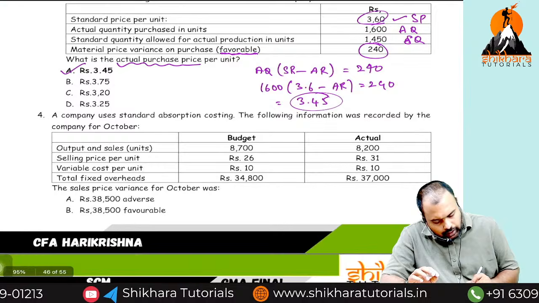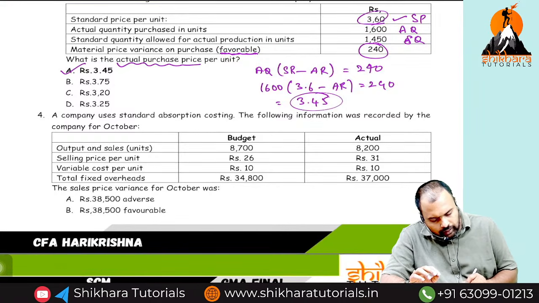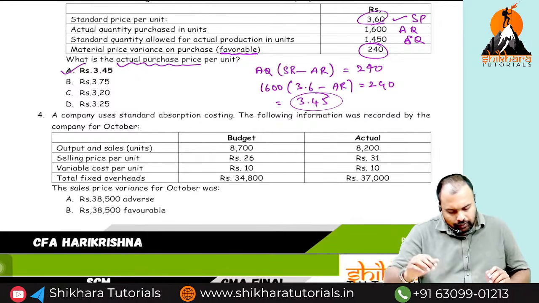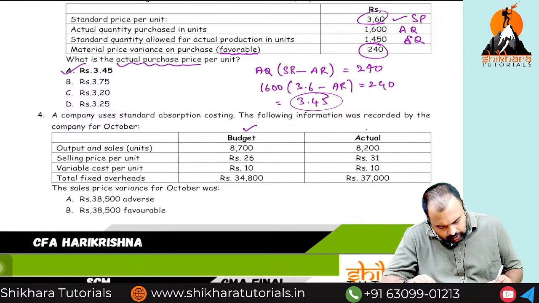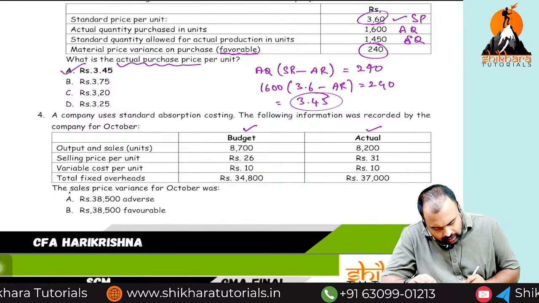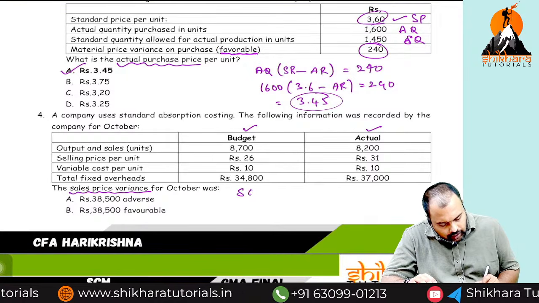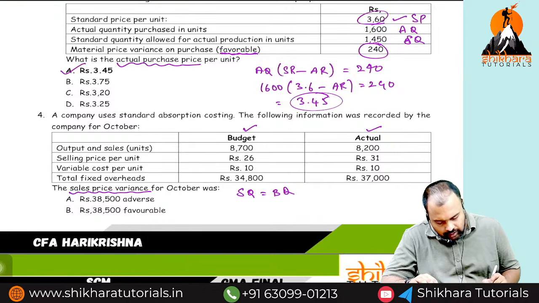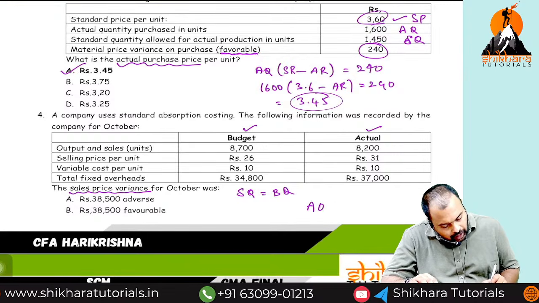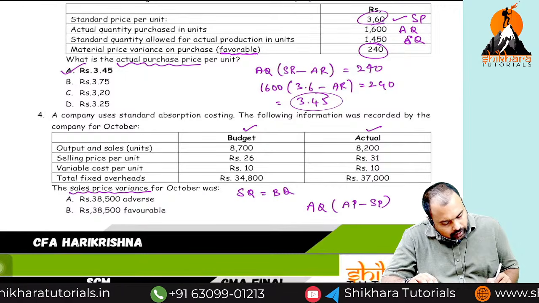Okay, next, the company uses standard absorption costing. The following information was recorded by the company for October. Sir, they have given budget information as well as actuals information. They're asking us the sales price variance. For sales, under sales variances, standard quantity is nothing but budgeted quantity only. Price variance they're asking. So what is price variance? Actual quantity into actual price minus standard price.